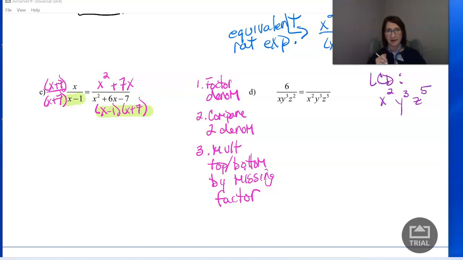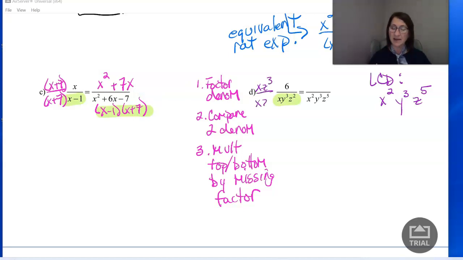So when I compare my first denominator with my LCD, I can see what's missing. Okay, so I see that I need one more x. So I'm going to multiply by an x. I'm good with the y's, but I need 3 more z's.